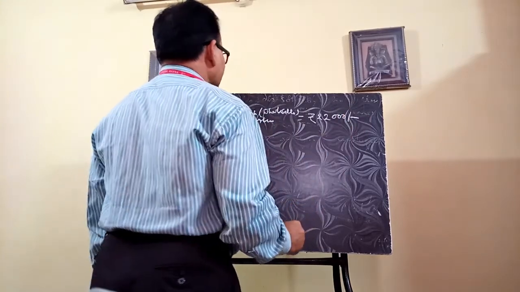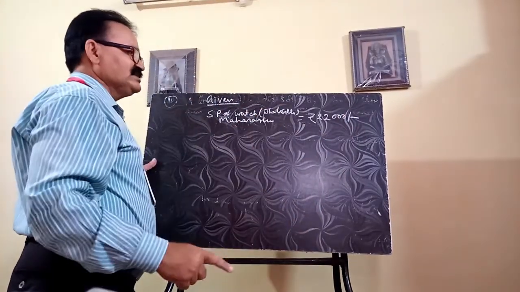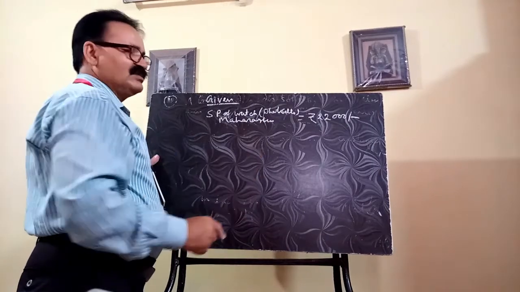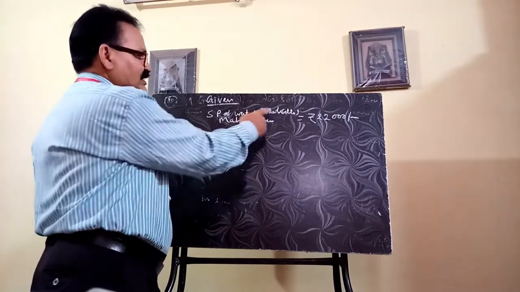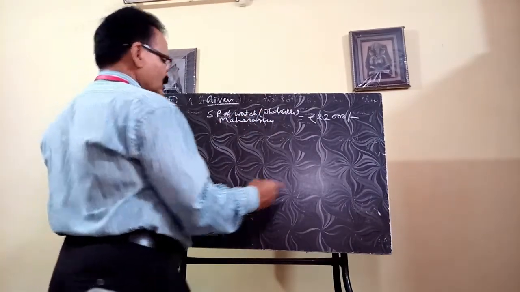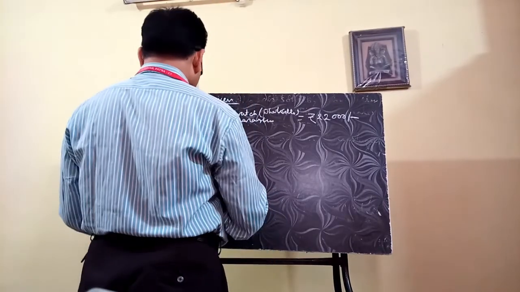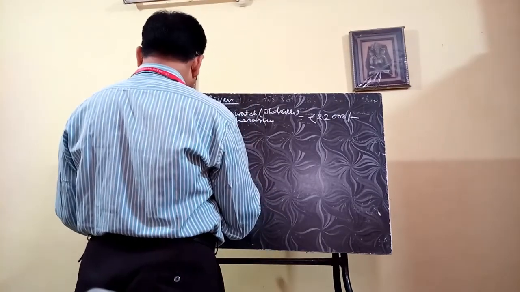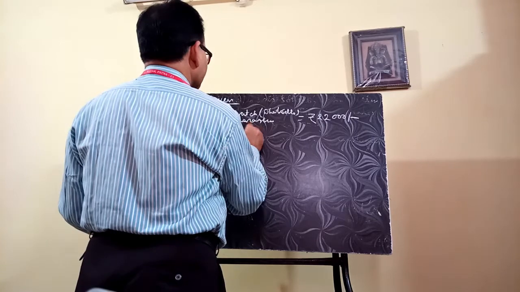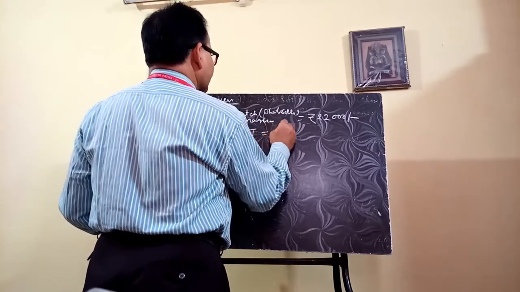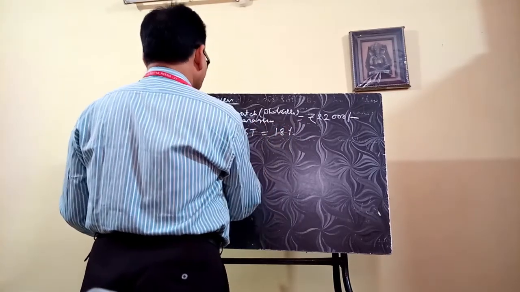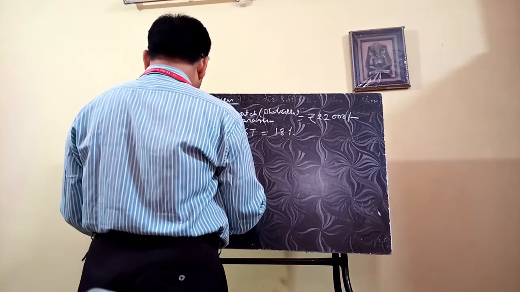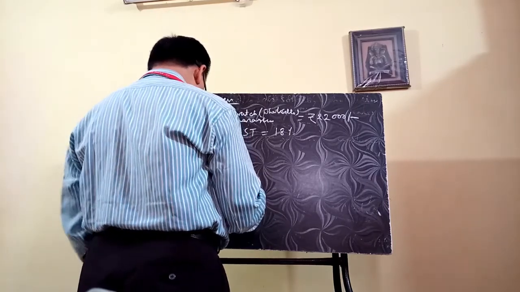This is the SP of the watch sold by the wholesaler of Maharashtra. Here the GST percent is 18%. Therefore, you have to calculate the IGST first.